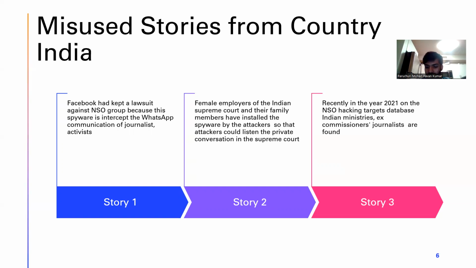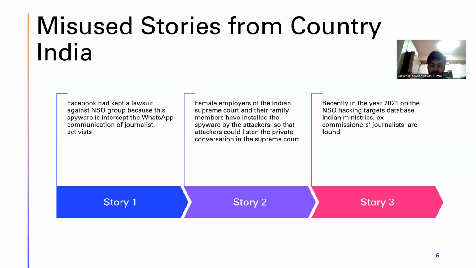So it is very easy for the attacker to know what is happening in the Supreme Court. We can see on TV what is happening inside the Supreme Court, but what if they're talking outside it? They are getting all the conversations, and they're going to misuse this information.